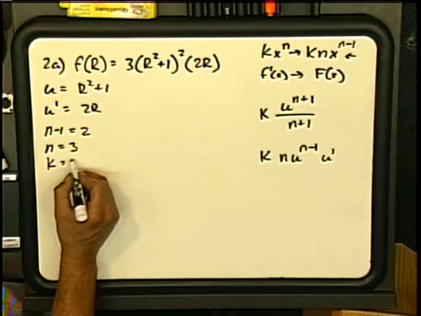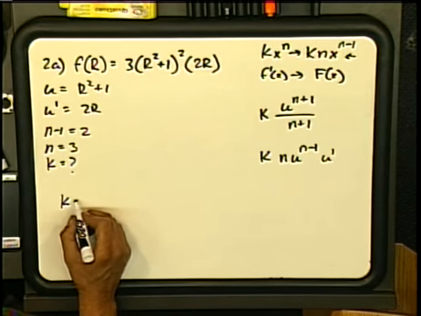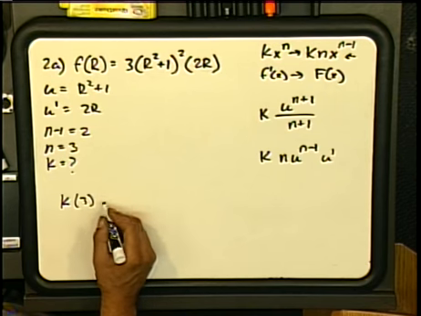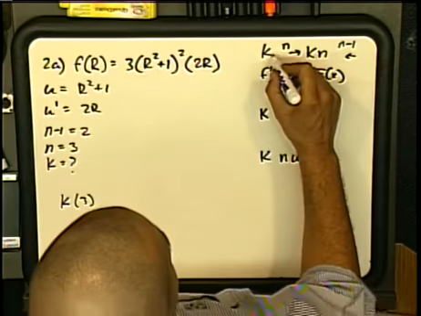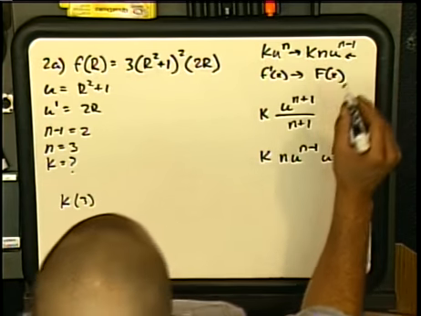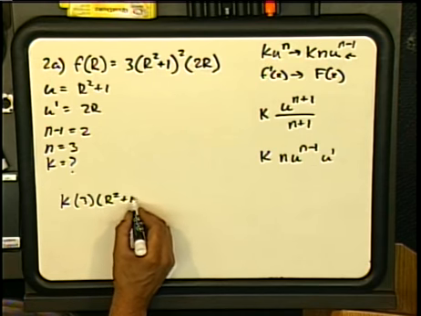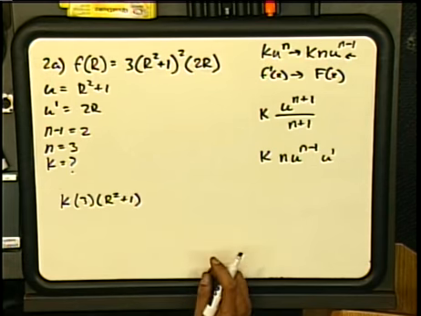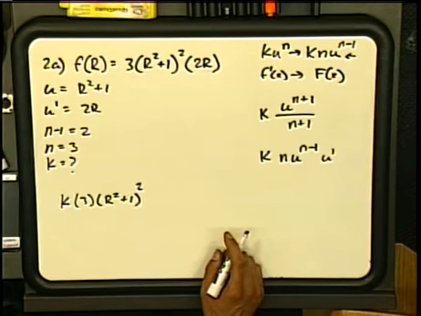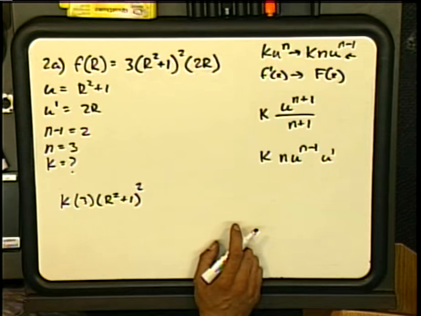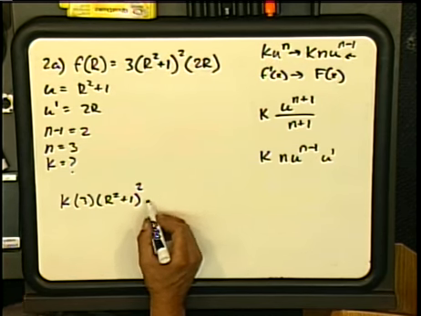We're looking for K. K times n, 3, times R squared plus 1, n minus 1 is 2, times U prime, which is 2R.